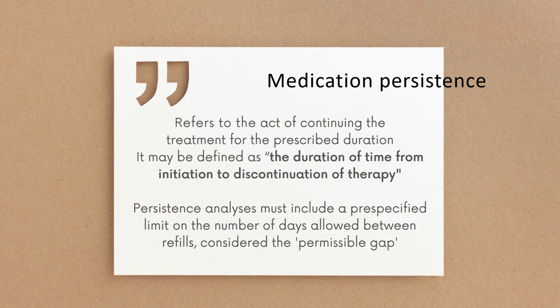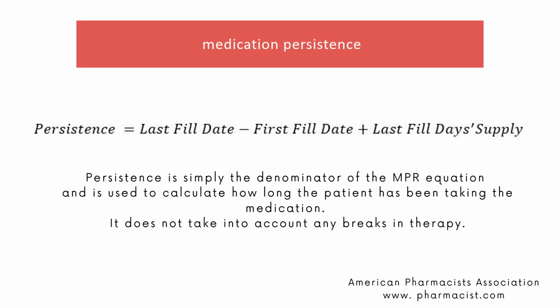There is a number of days in which we allow a gap of the medication taking, and we consider that as a permissible gap. Medication persistence is simply the denominator of the MPR equation. It is at the bottom part of the MPR equation, and it is used to calculate how long the patient has been taking the medication.